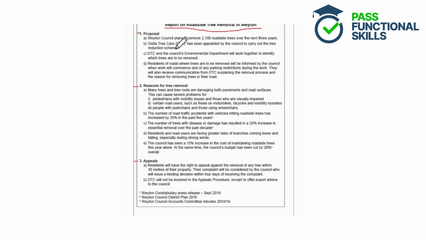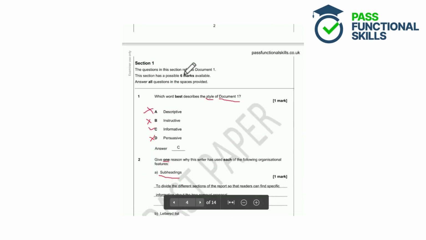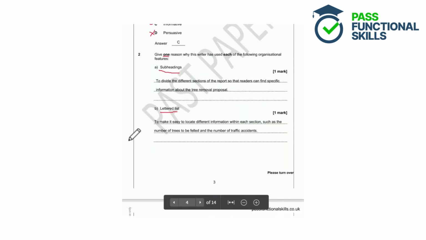But also here, it's being used to split up this big chunk of information here. So rather than having a big paragraph here, we've got these lettered bullet points to split the information up. So the answer we've got here is to make it easy to locate different information within each section, such as the number of trees to be felled and the number of traffic accidents. So that would also be correct for lettered list.